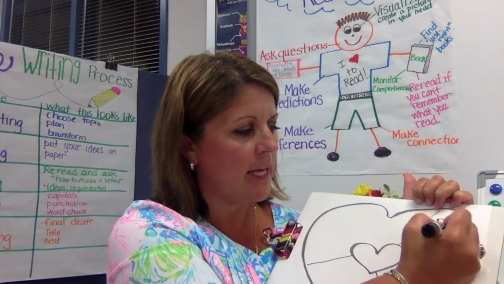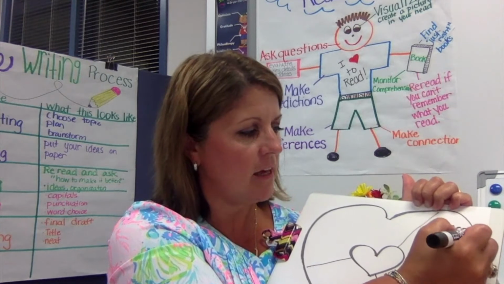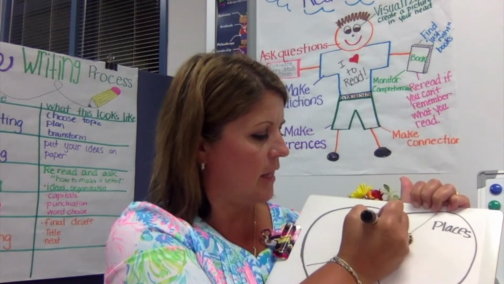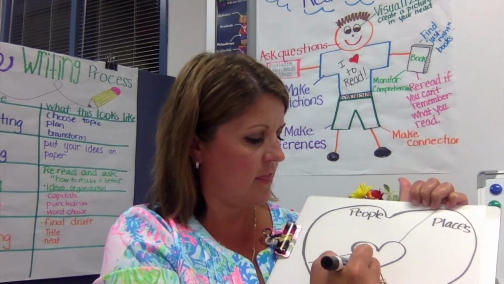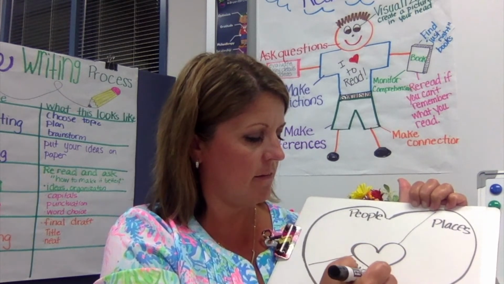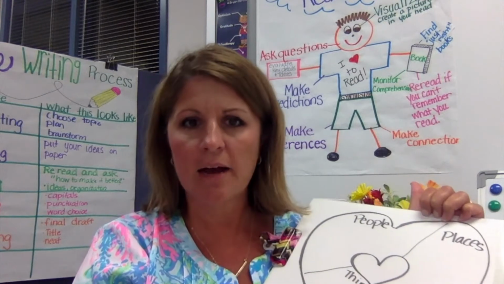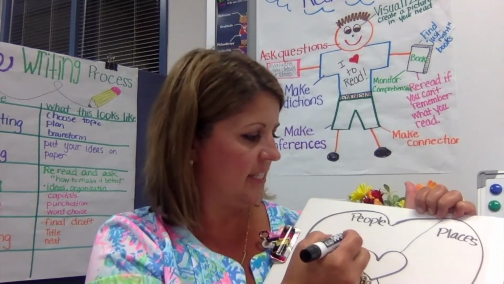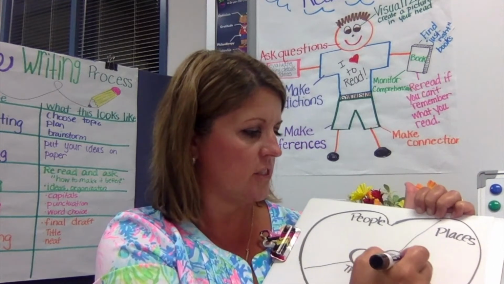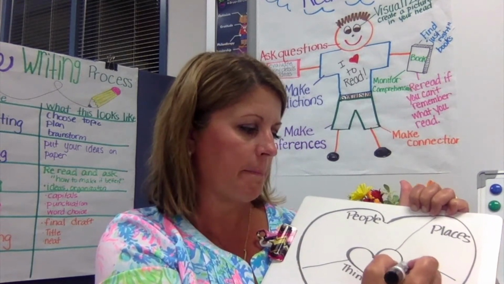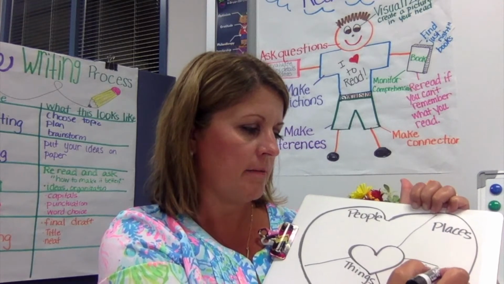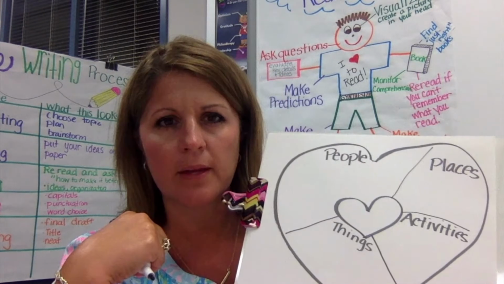Like these might be places that I love, people that I love, things that I love. And I might even want to add activities I love. So I'm going to just put a line right here, okay? So this is what my heart map looks like.